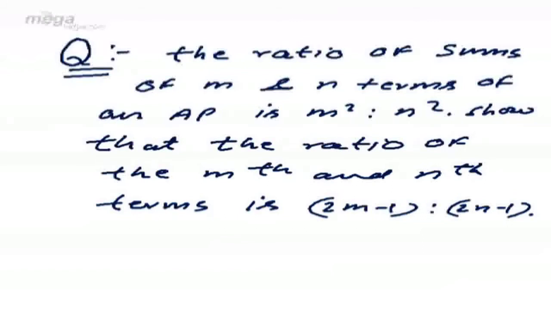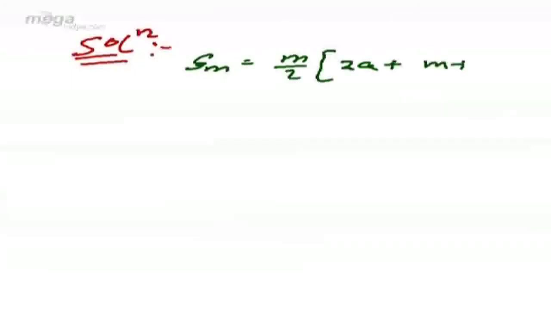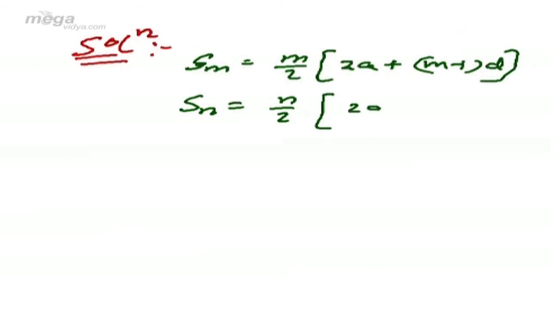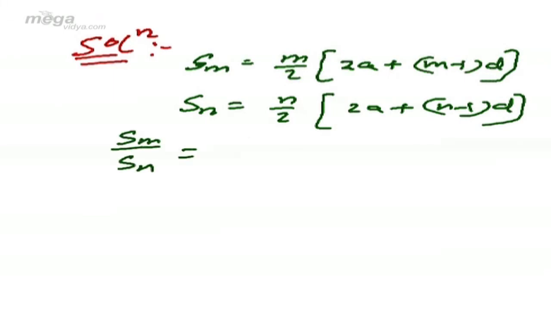Now the solution is: the sum of m terms, Sm, is m by 2 into (2a plus (m minus 1) into d), and the sum of n terms is n by 2 into (2a plus (n minus 1) into d). The ratio of this, Sm upon Sn, is equal to m square upon n square, as given in the question.